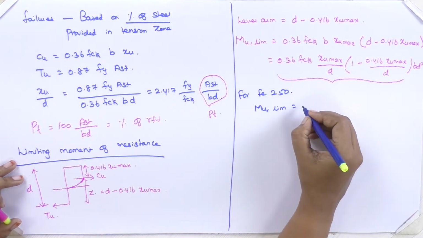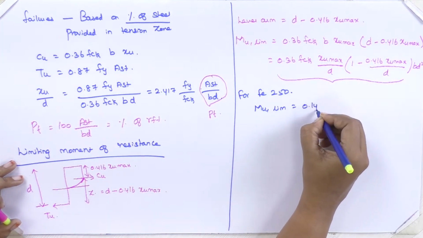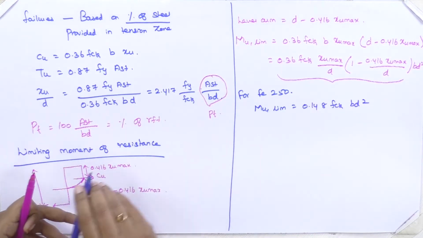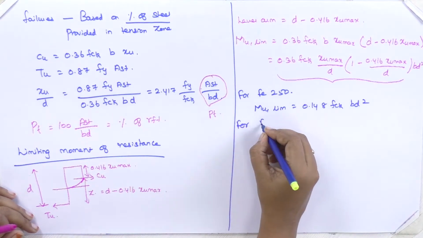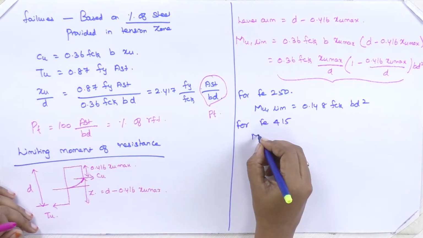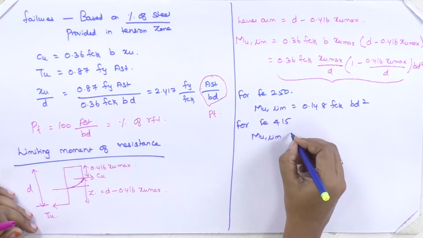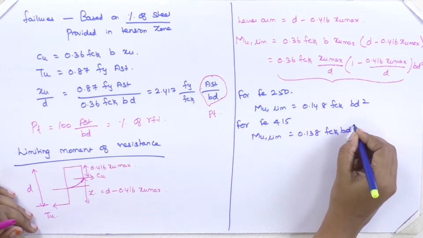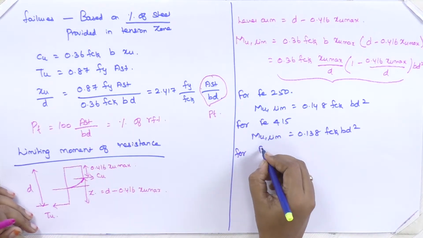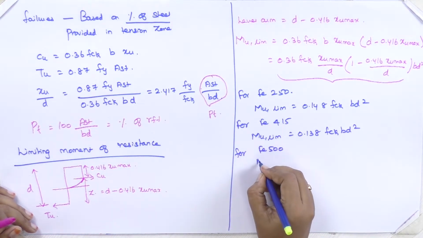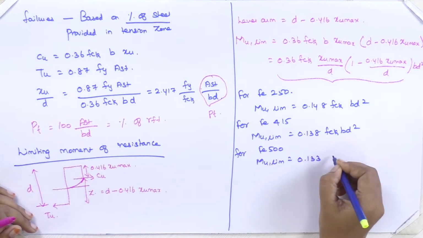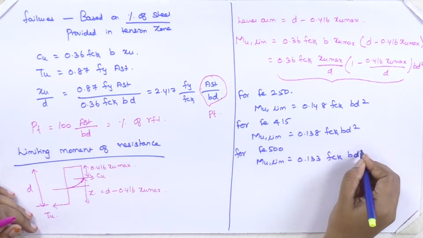When it is 250, you will get the value as 0.148 fck bd square. For Fe415, the Mu limit will be 0.138 fck bd square. For Fe500, Mu limit will be 0.133 fck bd square.